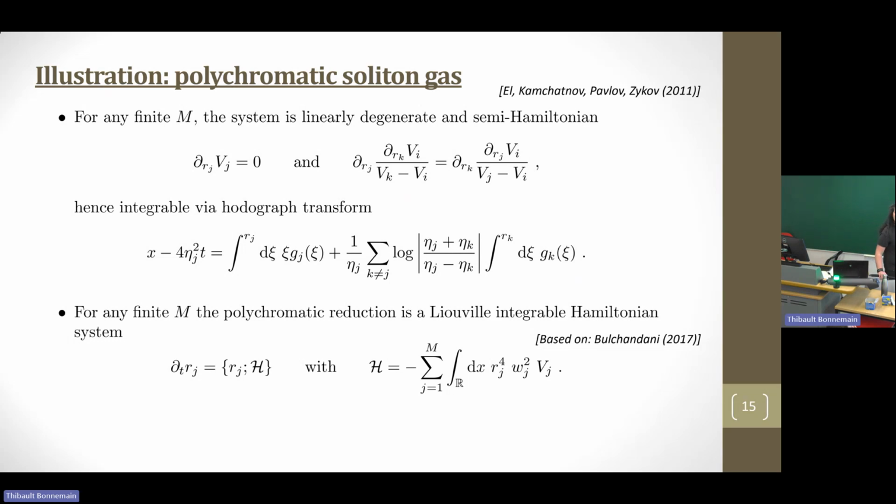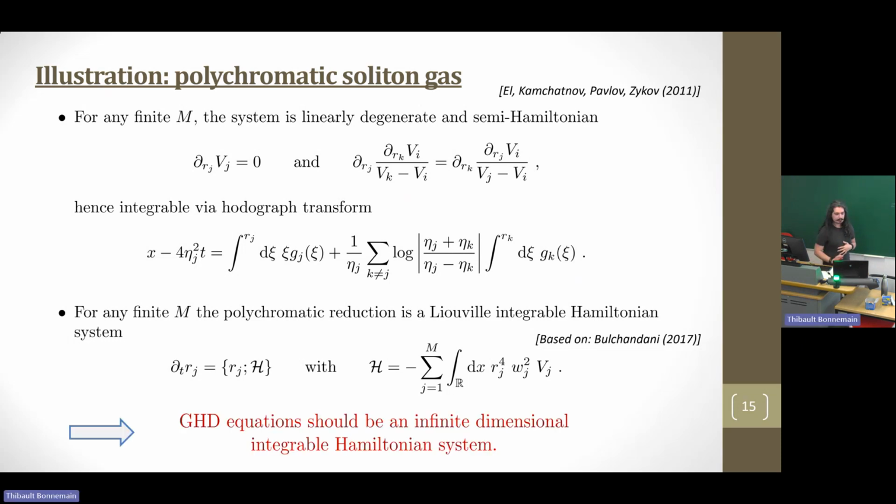I won't write it, because otherwise I would need to introduce some more objects, and this lecture is already heavy enough with definitions, I think. So that means that we also have reasons to think that in general the GHD equation should be an infinite-dimensional integrable Hamiltonian system, like KdV is, but the Lax pair is not known.